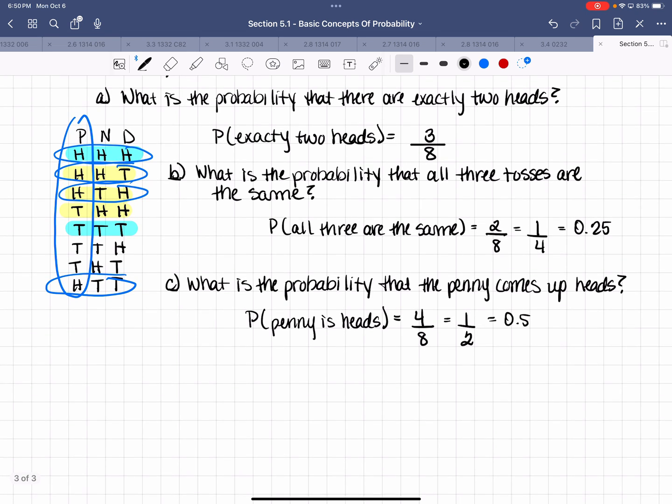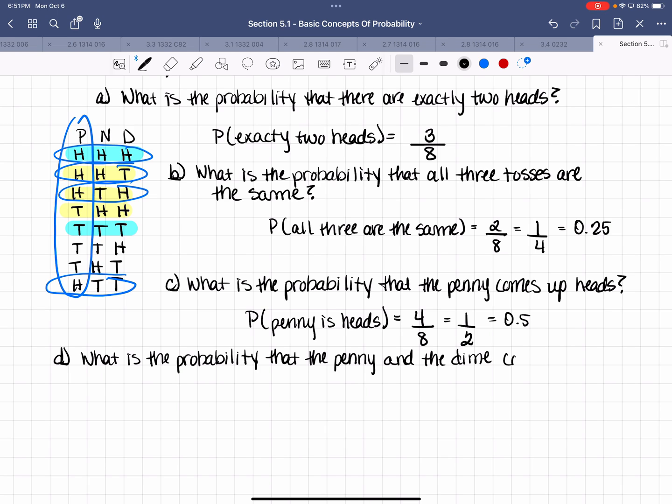And then D, last part for this question, this example: what is the probability that the penny and the dime come up the same?